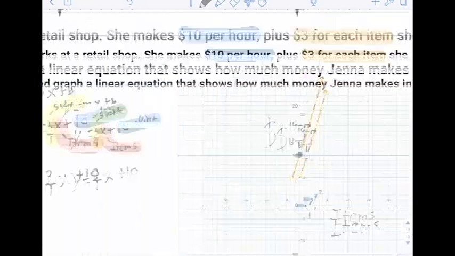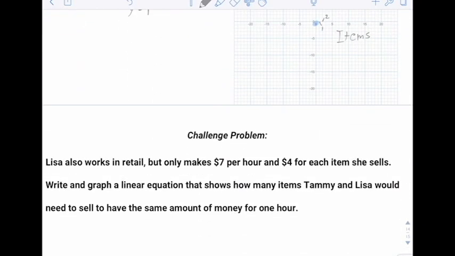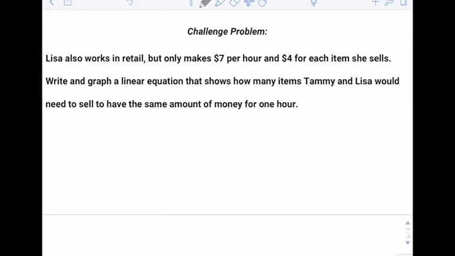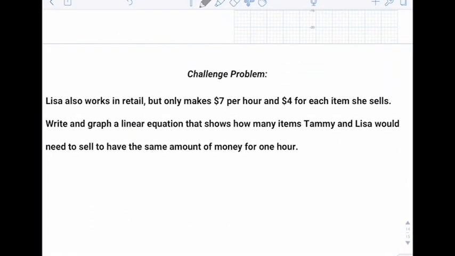Something like this. So for number 14, challenge problem, go ahead and use what you have up here and add on to that. So Lisa also works in retail, but only makes $7 per hour and $4 for each item she sells, right?